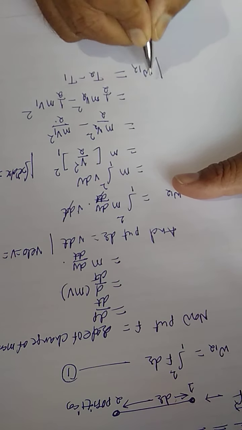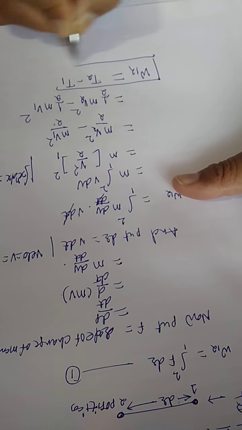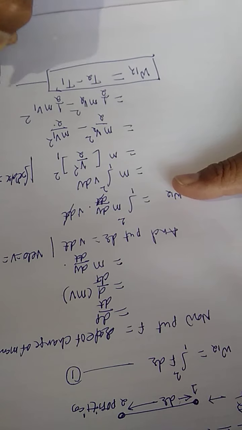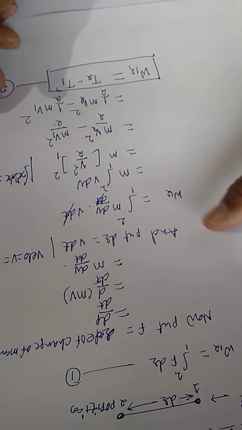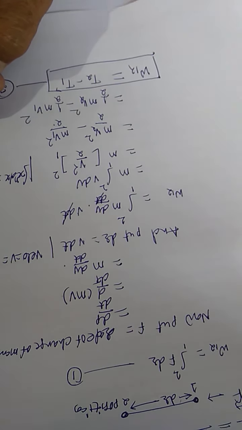So W1 to 2 equals T2 minus T1. This is equation number 2. That is, the work done equals the difference in kinetic energies.